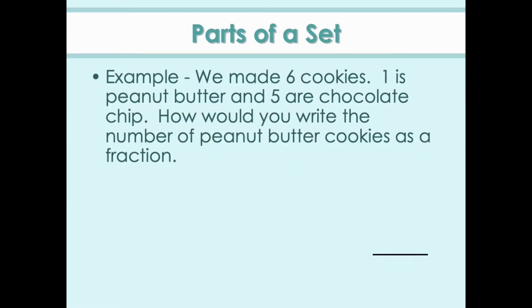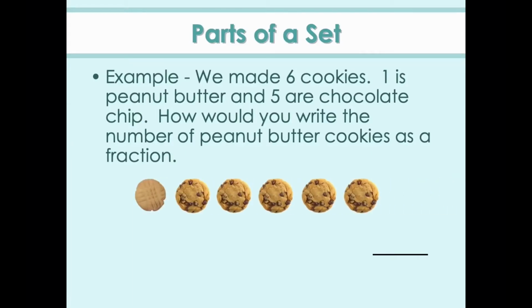For example, we made 6 cookies. One is peanut butter and 5 are chocolate chip. How would you write the number of peanut butter cookies as a fraction? Look at our picture. We have 1 peanut butter cookie. We have 1, 2, 3, 4, 5 chocolate chip cookies.